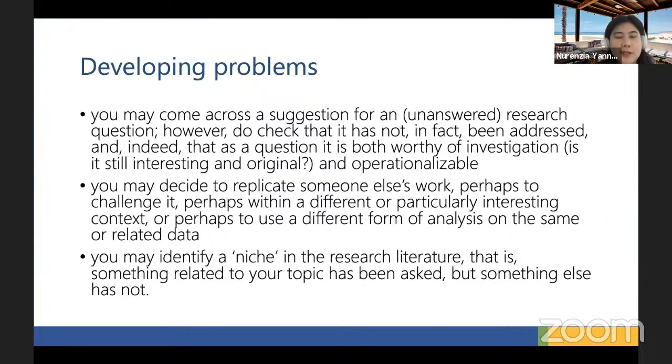Kalau kalian ngambilnya itu dari skripsi kakak kelas gitu, itu nanti levelnya ya gitu-gitu aja ya, karena yang kalian jadikan acuan belum pernah dipublikasikan. Jadi bacanya sekarang bukan artikel-artikel sembarangan, tapi usahakan artikel-artikel yang ada dalam jurnal-jurnal yang bermutu gitu. Jadi kalau misalnya mau replicating someone else's work, you replicate something that is good.